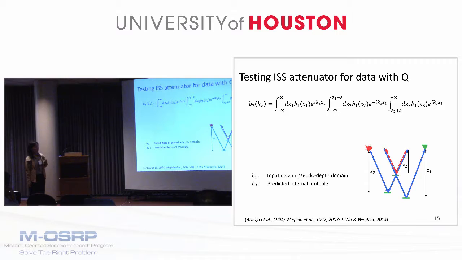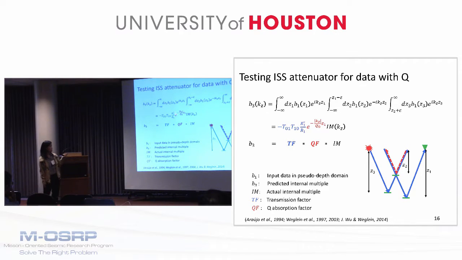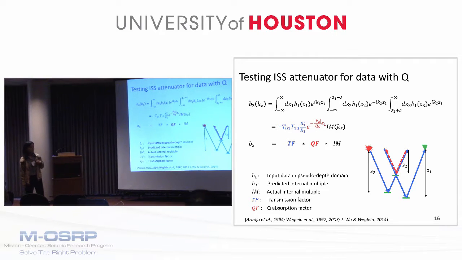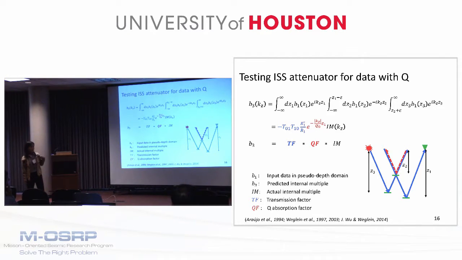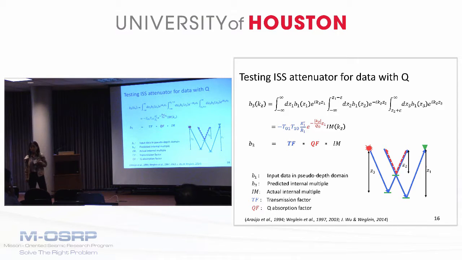Now after a set of calculations, you will get the predicted internal multiple B3. Let's compare this result with your actual internal multiple RM. You will have this relationship here.